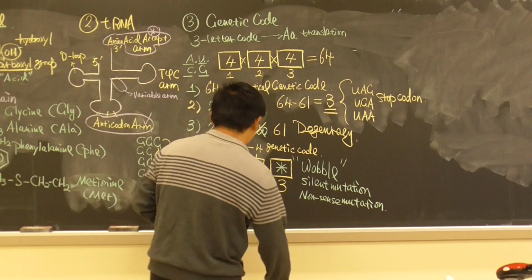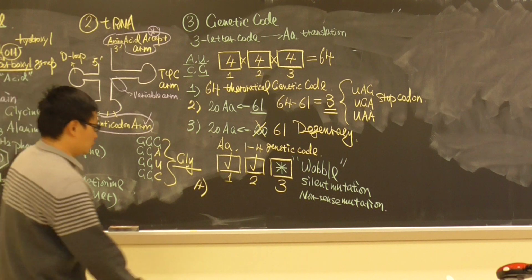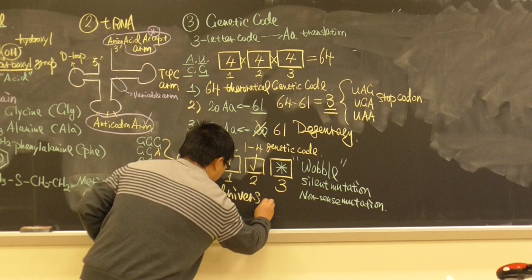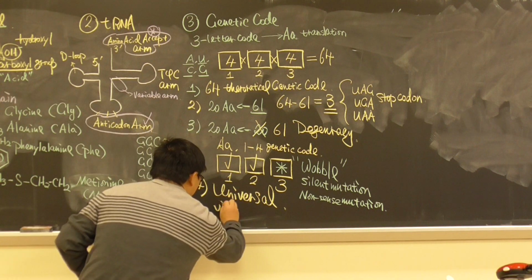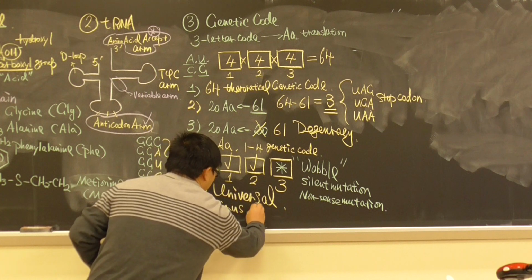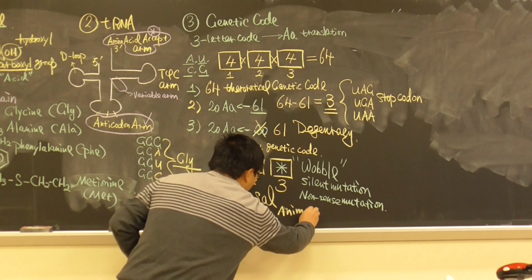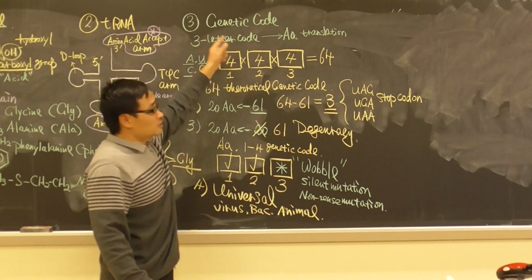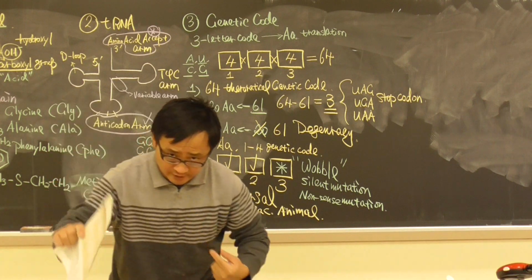Last thing I want to mention, around here. Genetic code is very universal, which means from virus to bacteria to animal cells to plant cells, this set of the genetic code right here fits all of them.